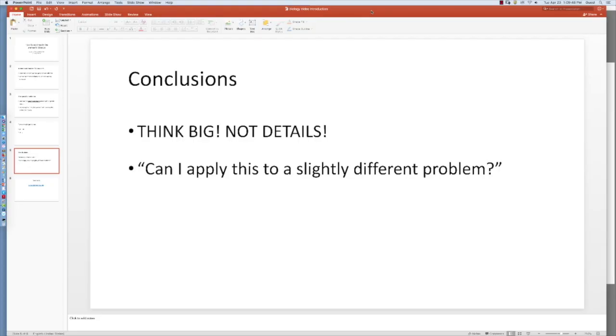And especially the ones that you miss or can't think of or are confused about, those are the ones you want to write down in your lesson log. Another way to phrase that is, always ask yourself when you're writing in your lesson log, can I apply this to a slightly different problem?